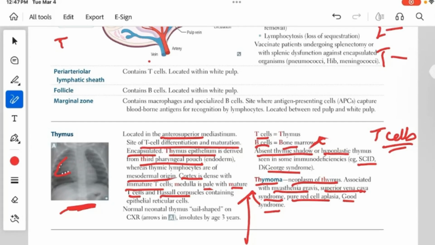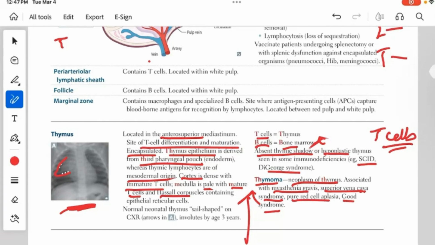So it's just thymoma with anemia. That's why it's called pure red cell aplasia. For some reason the immune system begins attacking the red blood cells, which leads to anemia. The pathogenesis is not clearly understood, but it's associated with a thymoma.